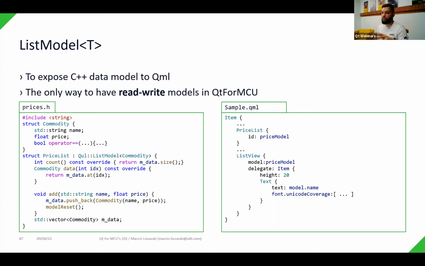That's just related to that one model, which causes a refresh of the whole list view in the example on the right. Normally, Qt for MCUs of course redraws just the places that need redrawing, to be as efficient as possible.